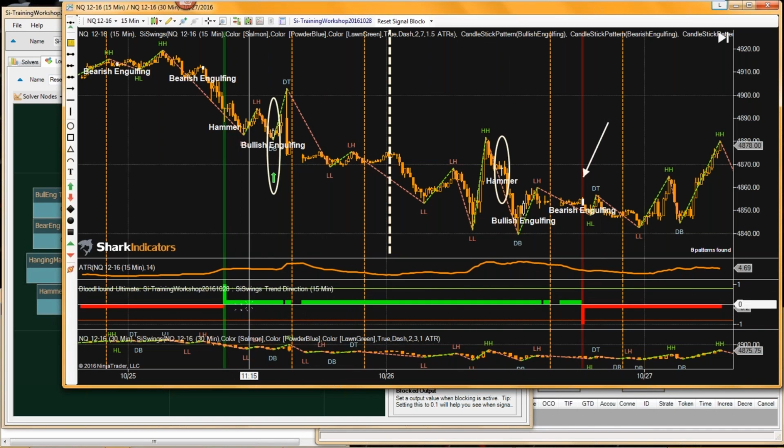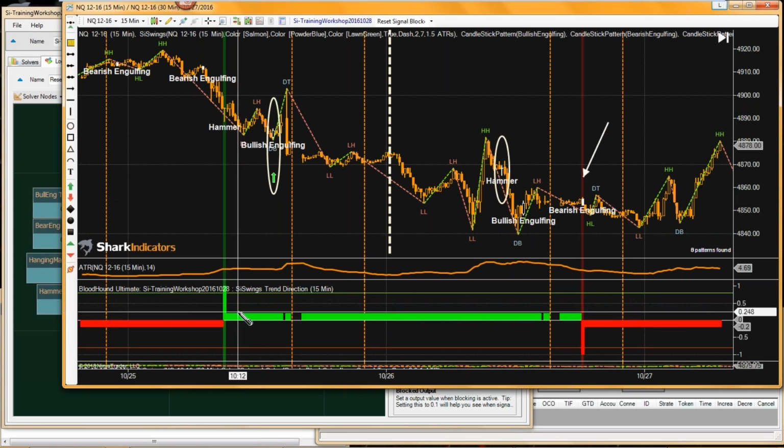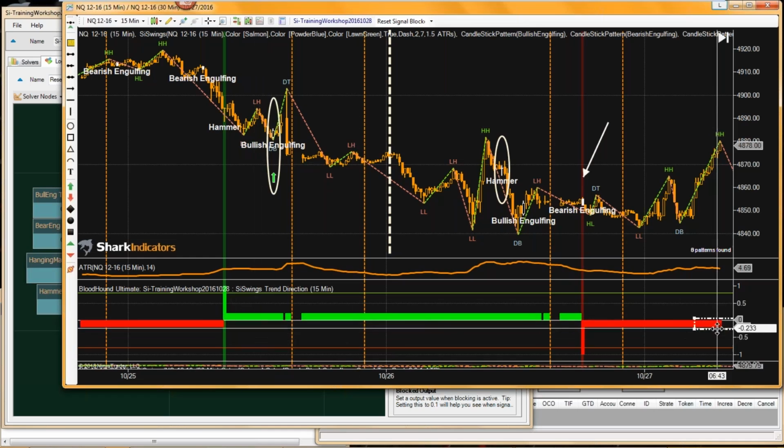you'll notice if you look at BloodHound's output here, you see this little output right there versus the signal. So this short output is at 0.2. If we look at it all the way over here, we can see we're at negative 0.2. So this 0.2 is telling us that the signal blocker is blocking short signals.